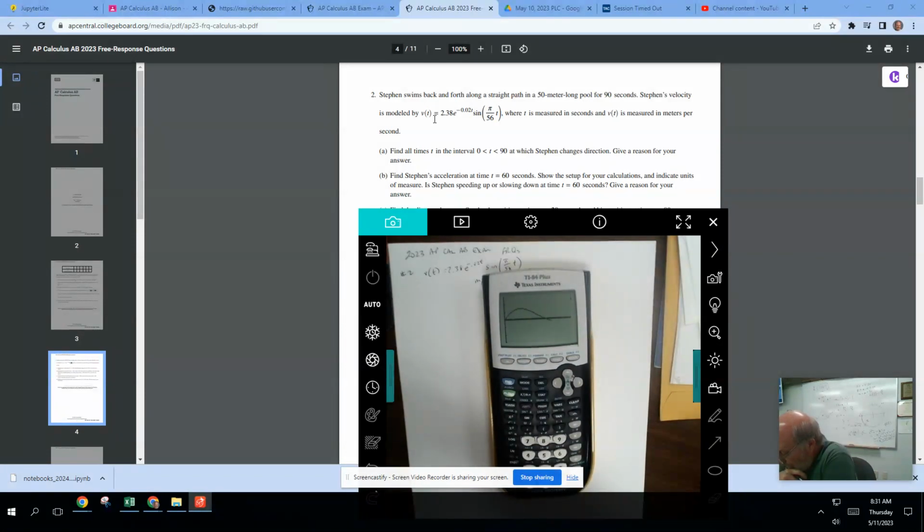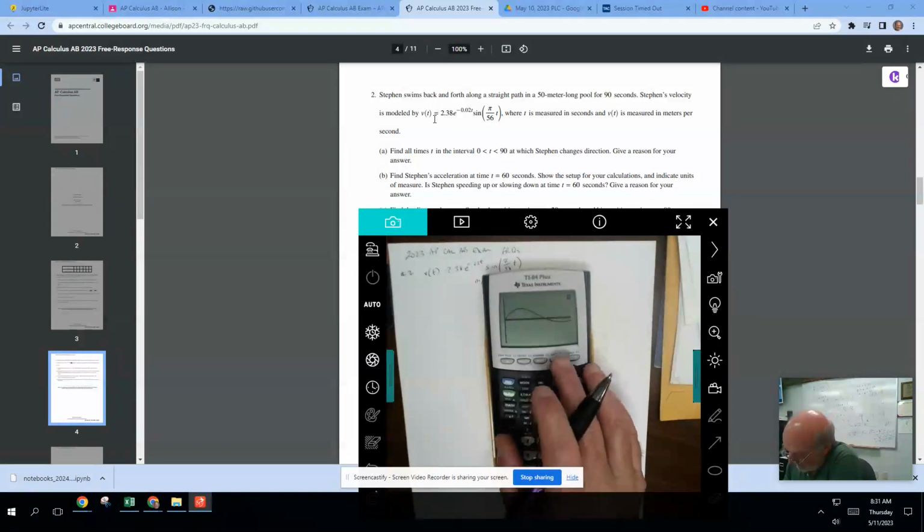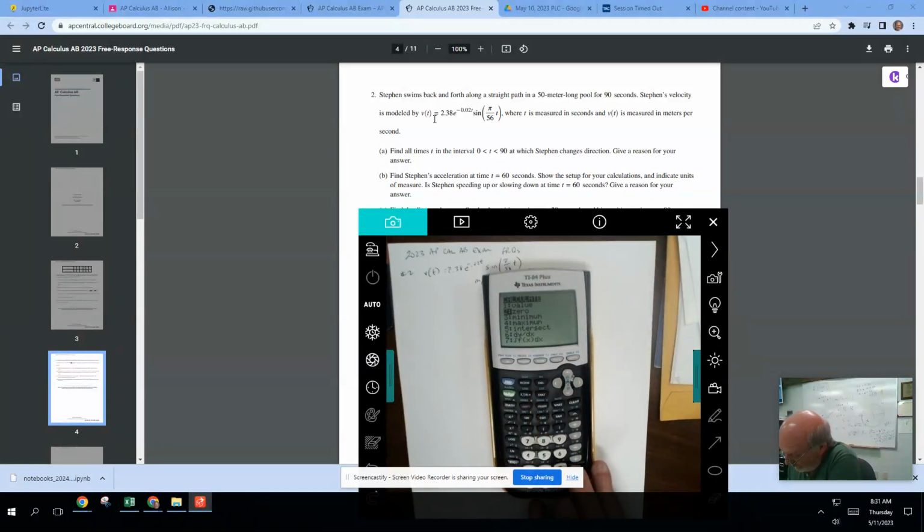So the only places that this could change direction is when the velocity goes from positive to negative or negative to positive. And it looks like that happens one time, so I'm going to find second trace, zero, the left bound and the right bound.